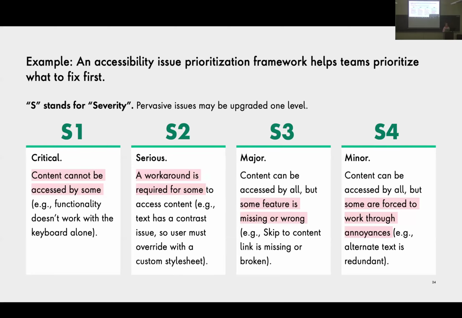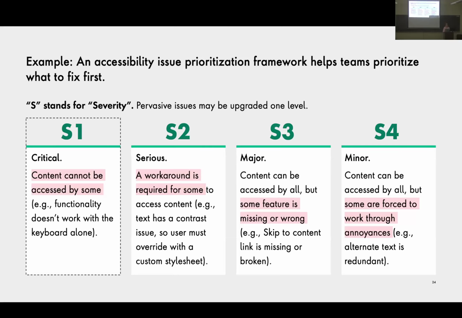Obviously, when you prioritize issues, it helps teams understand what they should fix first. The point of showing you the one we use today is that we have our accessibility issue severity definitions described based on their impact to the user. I'm showing 4 different definitions on my screen, an S1 through an S4, and the S stands for severity. I'll go through what those are.